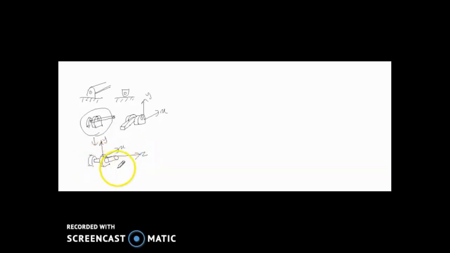So this one we call a 3-dimensional joint or support. So how will the reaction force be produced in this type of joint and support? This is for 2D, because it is in only one plane, which is x and y.